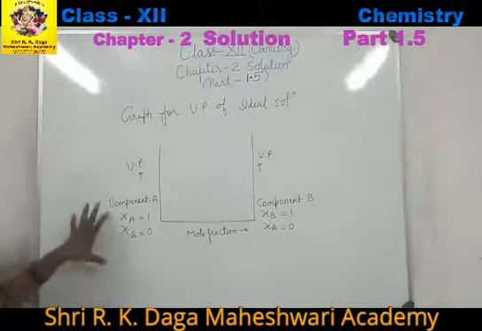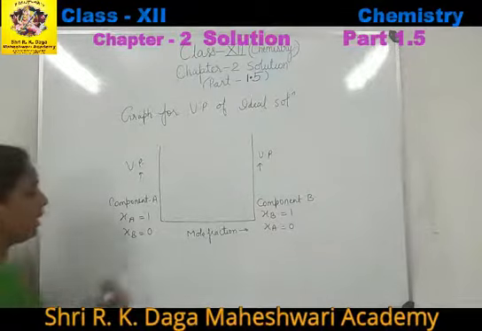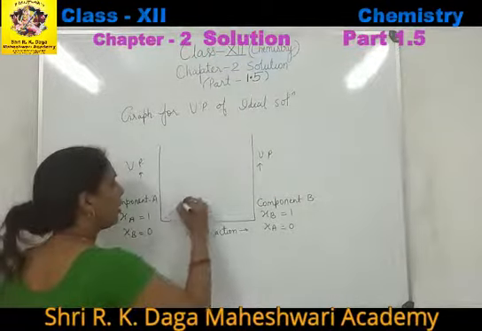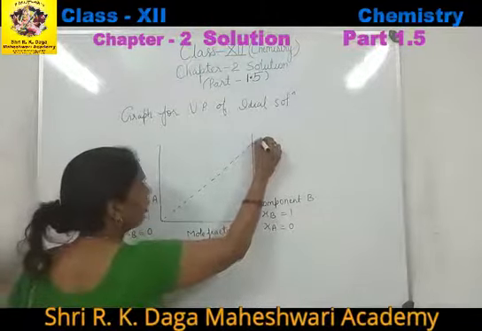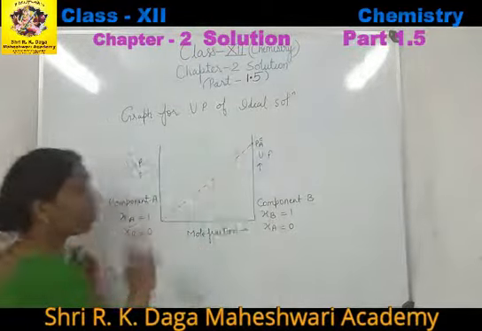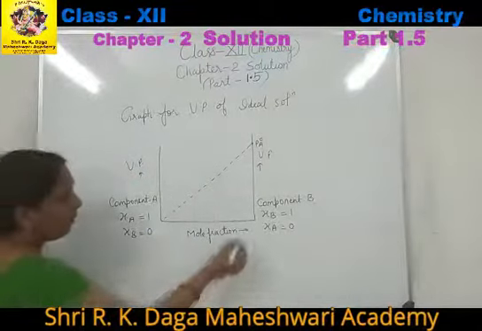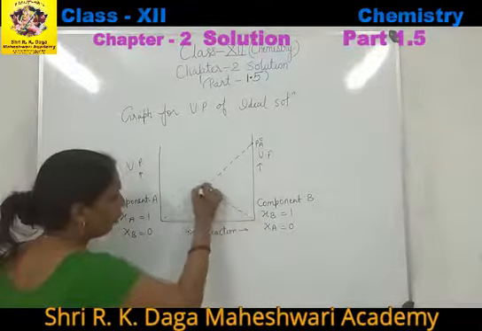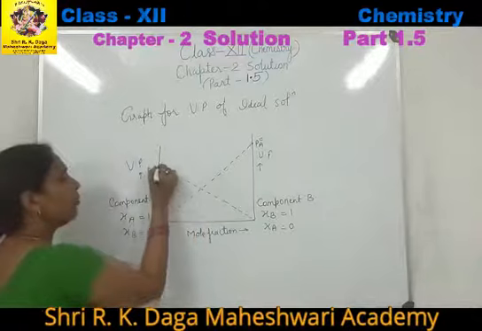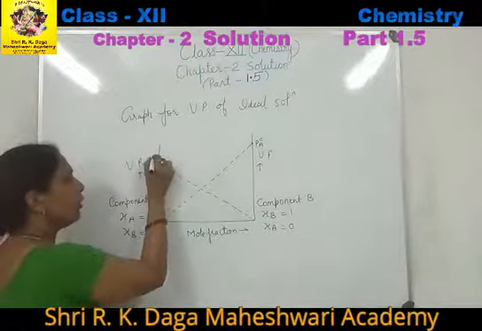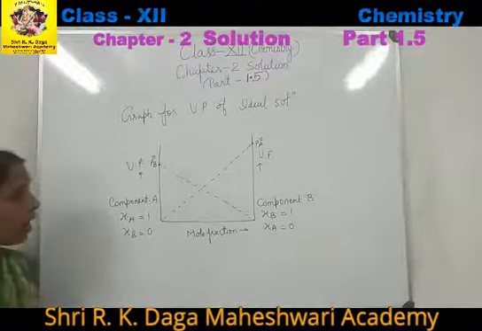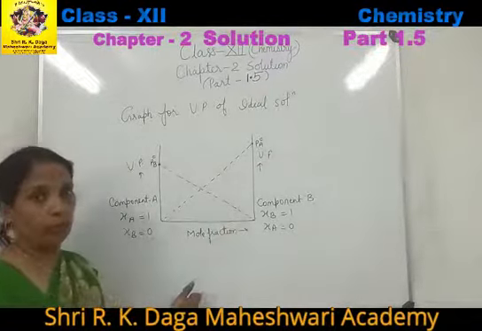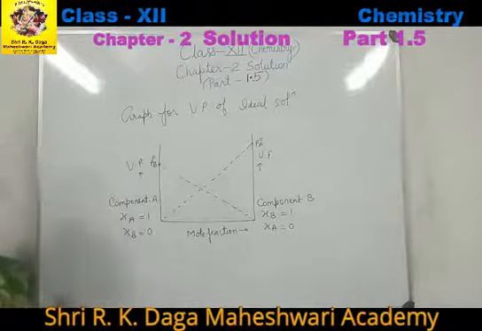When I heat component A alone, we will get a graph like this, and it will meet on this axis, so we will call it the vapor pressure of pure component A. Similarly, when we heat component B alone, we get a vapor pressure like this, the vapor pressure of pure component B. Now I mix these two components, so they will form a solution.